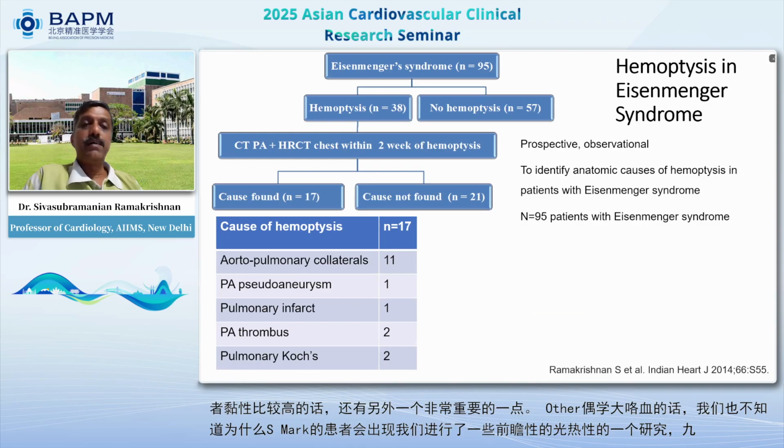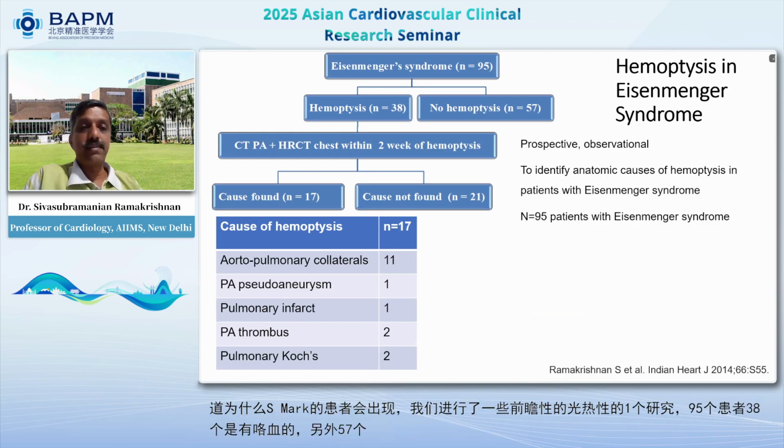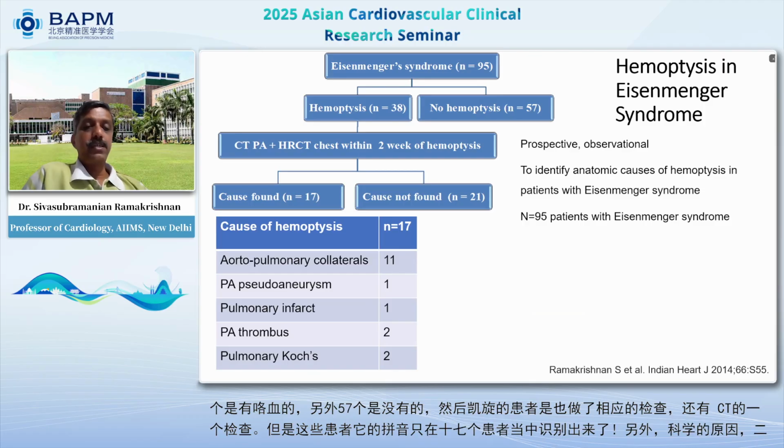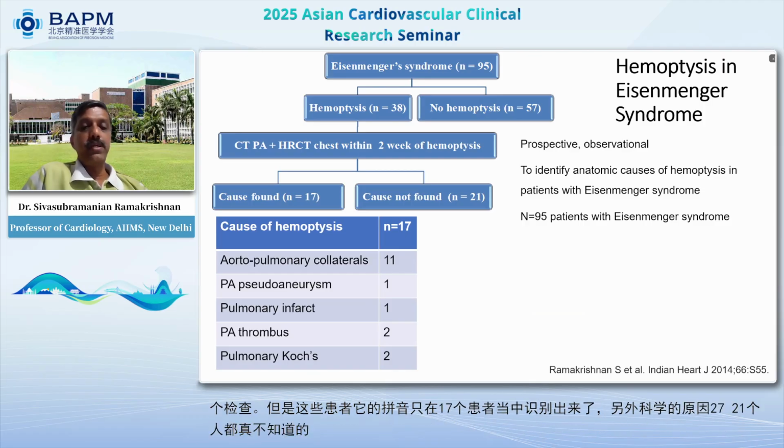We did CT pulmonary angiogram and HRCT within 2 weeks of hemoptysis. In half of these 38 patients, we found a cause. That cause included aortopulmonary collaterals, rarely pseudoaneurysm, which needed a coil or a plug placement, pulmonary infarction, pulmonary artery thrombosis, and pulmonary tuberculosis was also found.